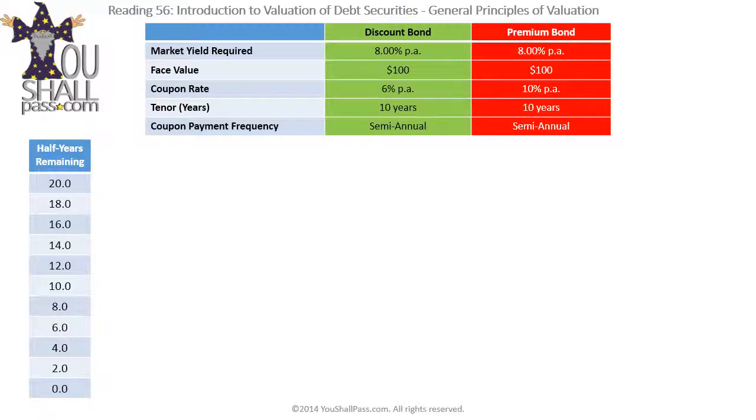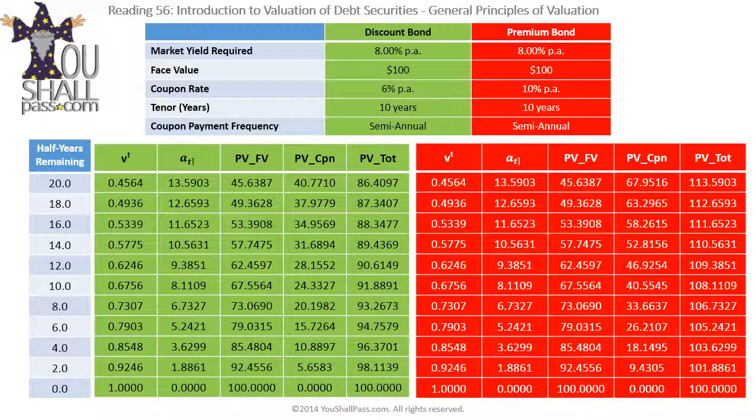Next, we work out the discount factors and the annuity factors. Since these are calculated for half years, the convention is to work them out using half the annual discount rate, in this case 4%. And that is what we've used to work out the discount and annuity factors for the remaining half years of the bonds' lives.